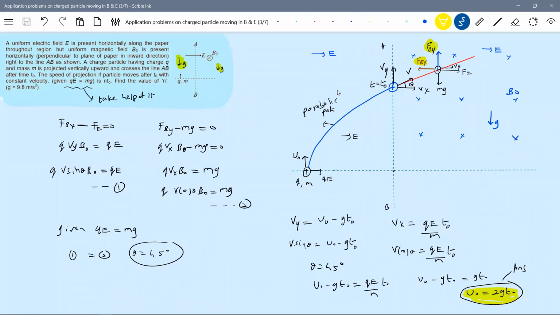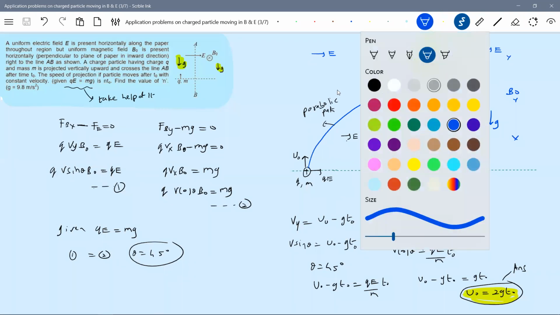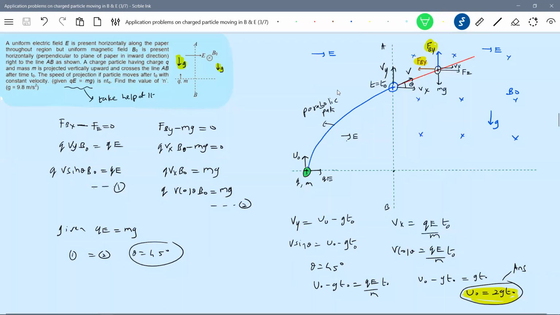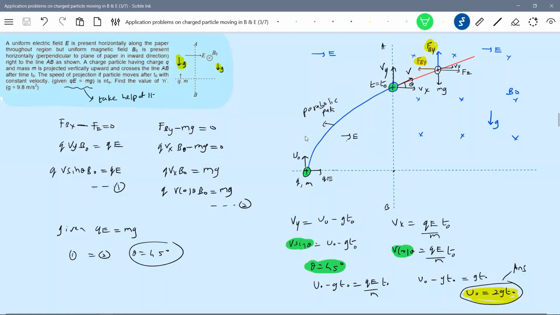So I suggest students better learn the methodology to solve such problems. Because of that, we are equating these things. Let me take the next question. I'm just presenting a few; you have to really put effort into analyzing all such numericals.